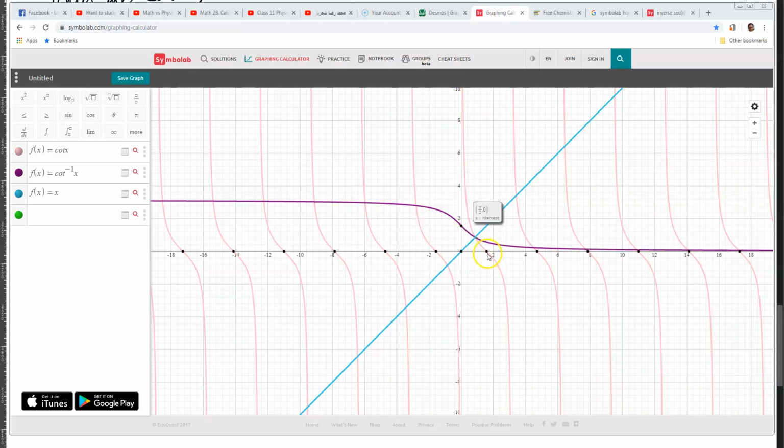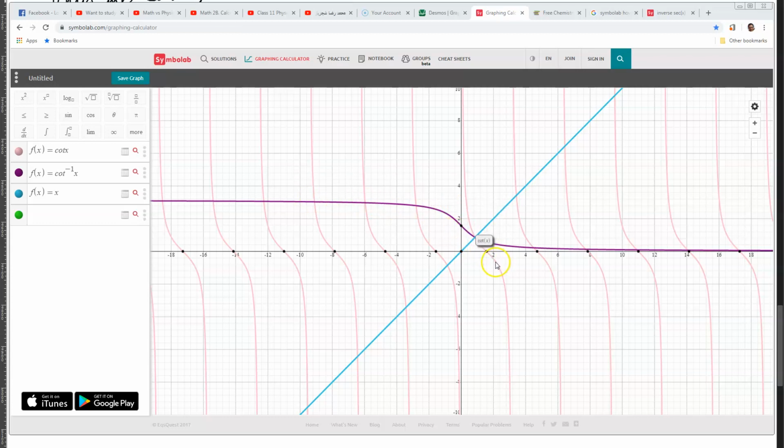And so what that means is that this part over here is going to make the mirror of the other part of the inverse function, which is this part over here. First of all, we have the point pi by 2 comma 0, and if you swap the x and y coordinates, you'll get 0 comma pi by 2, which gives you this point.